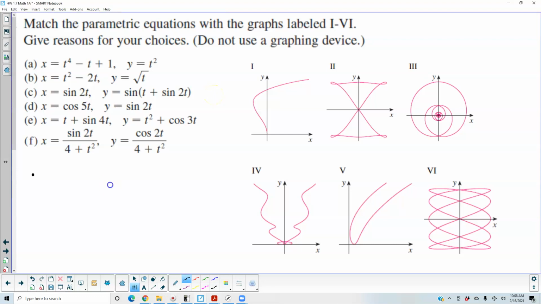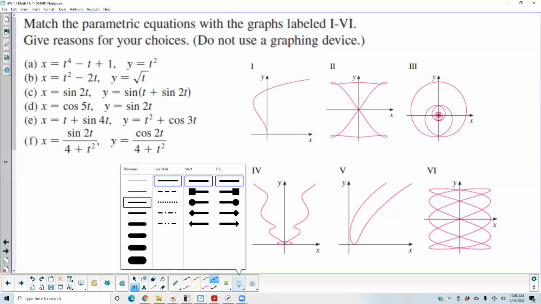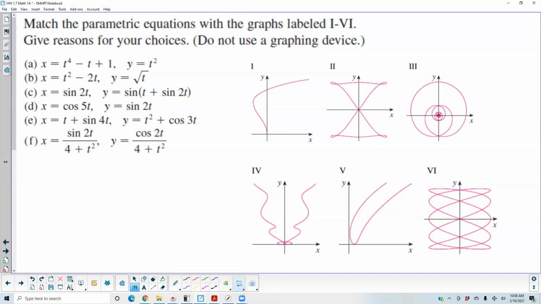If we wanted to, we can create just a really quick table with a few different values. So let's go ahead and put in some negative values and some positive values.